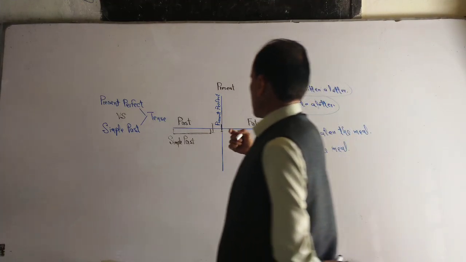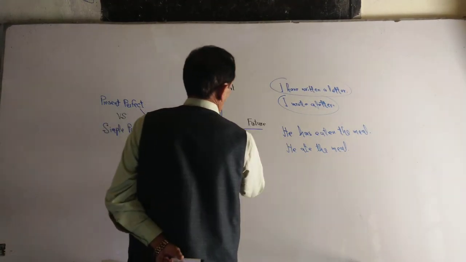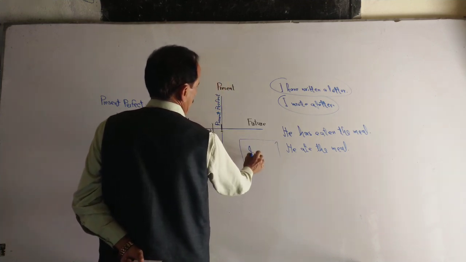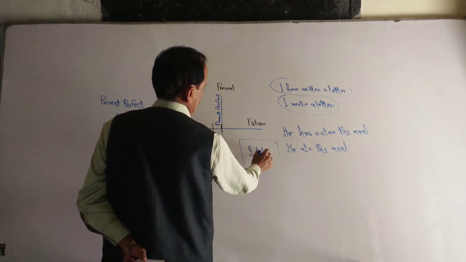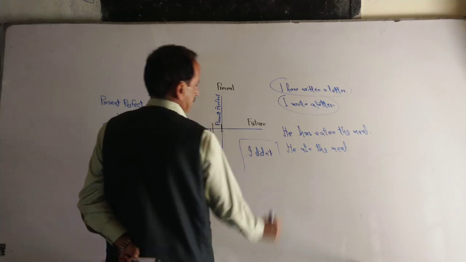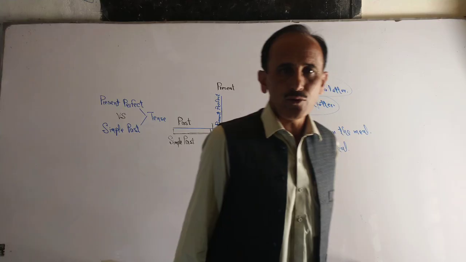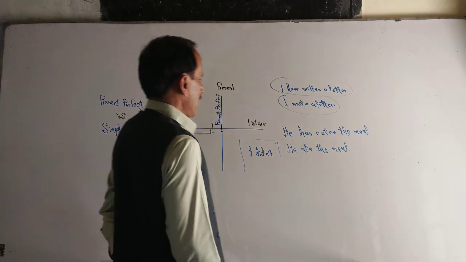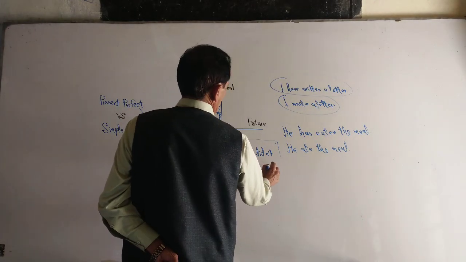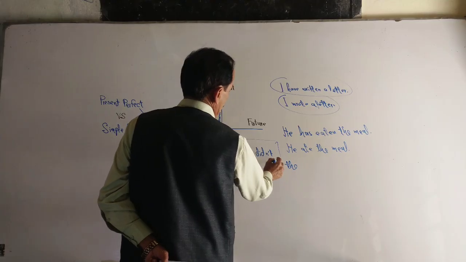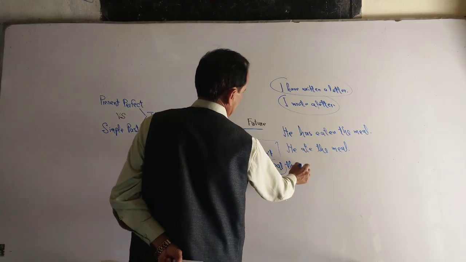When we make a negative sentence, for example, I did not or I didn't, we use the auxiliary verb did and not. I did not eat the meal. Then we use the first form of the verb.